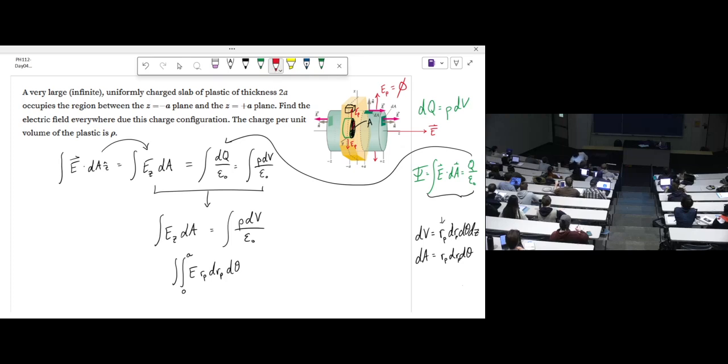Let's call this the radius a right here. And I'm integrating theta from 0 to 2 pi, which is 360 degrees.